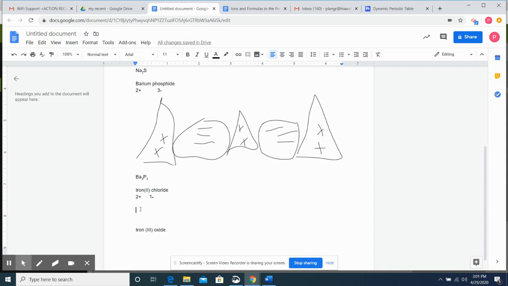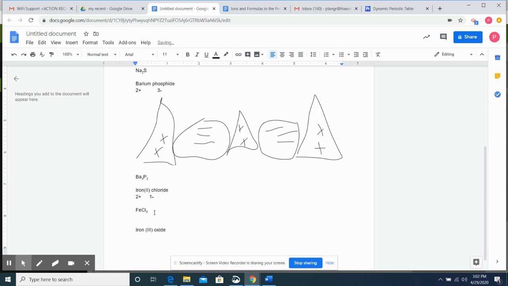So I'm going to write that down here. I'm going to write Fe for iron, and then Cl for the chloride, and I'm going to need 2 of those chlorides. So I'm going to write my 2, and shrink that down.